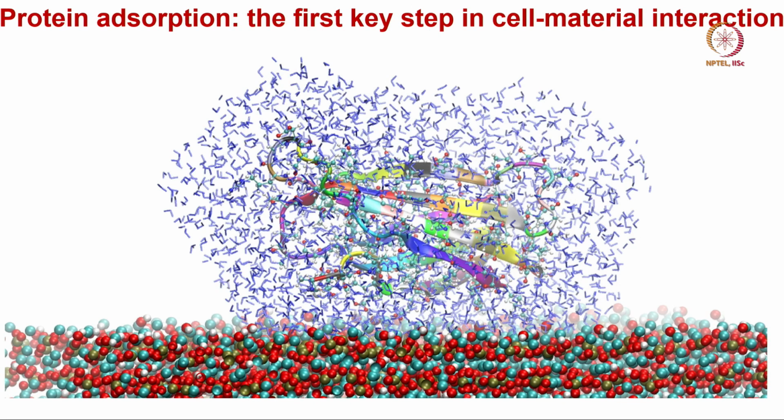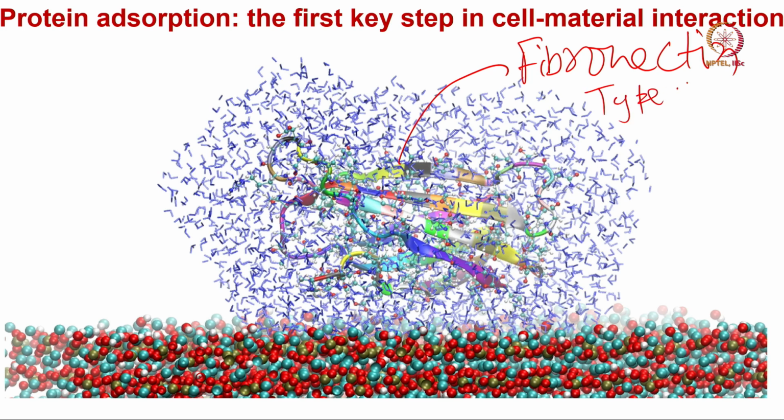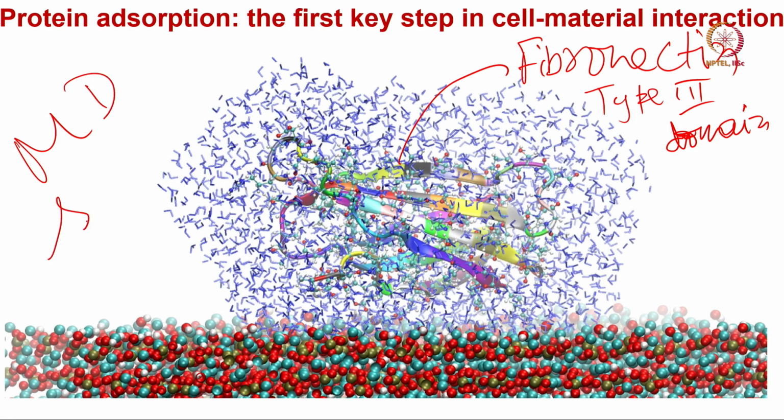So, protein adsorption is the first key step. What you see here is the fibronectin, part of the fibronectin protein, let us say the type 3 domain of the fibronectin protein, which was used in one of our computational studies, called molecular dynamics simulation study.